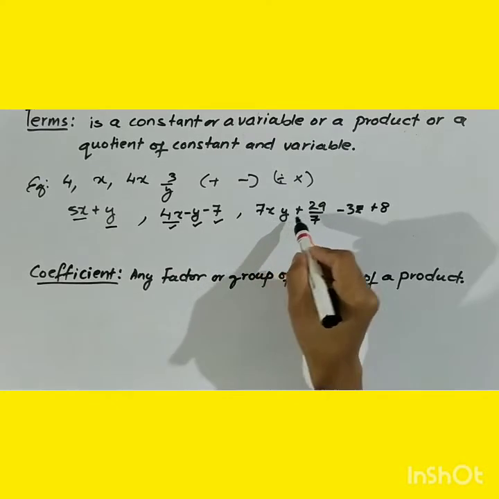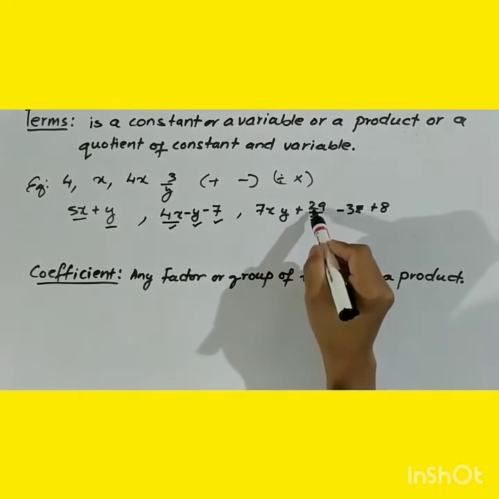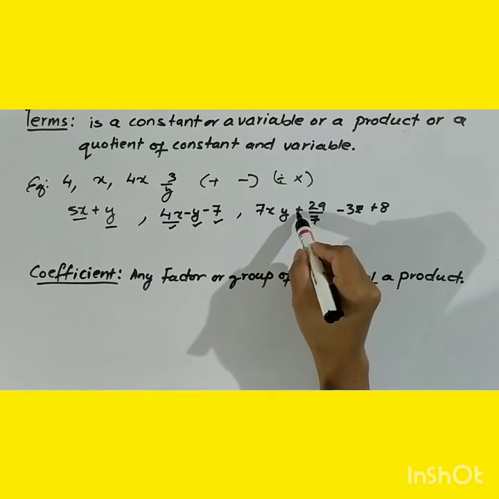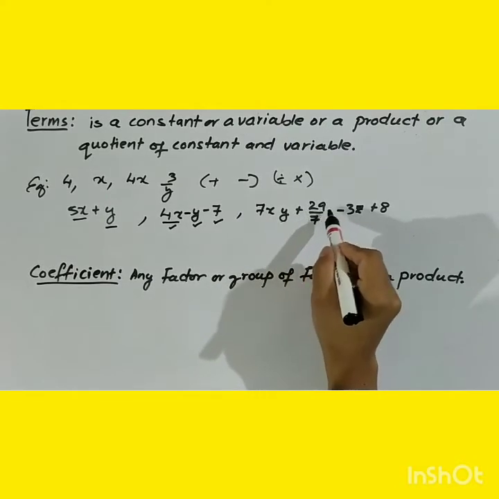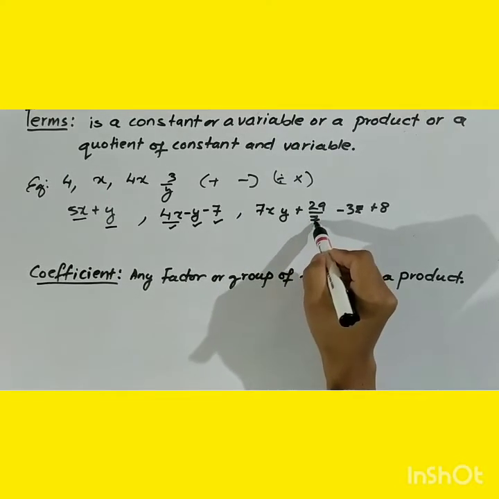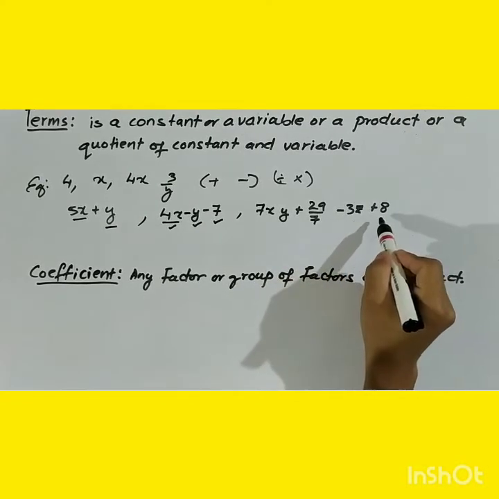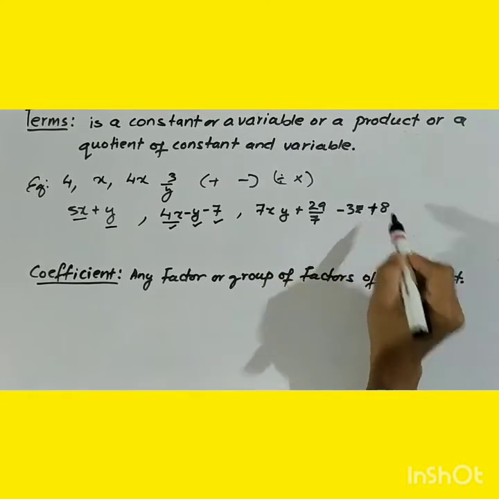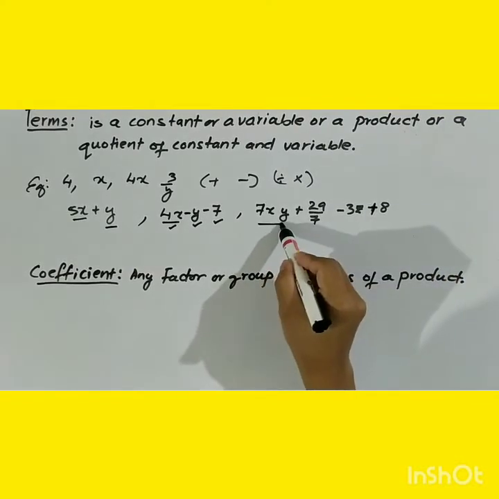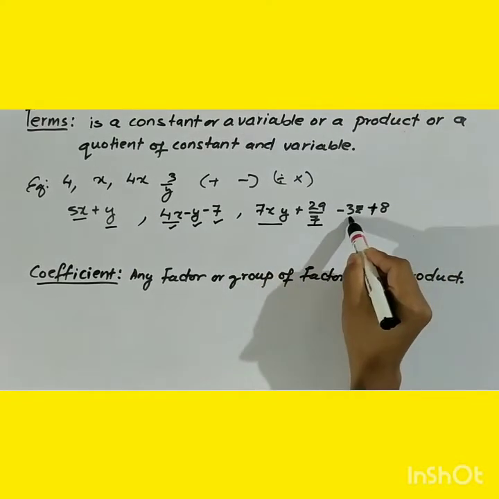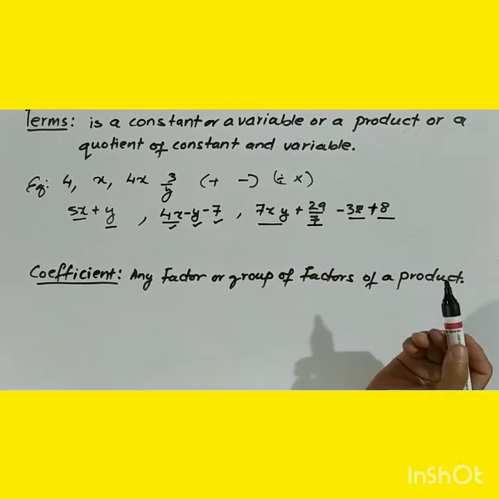So there is one term, plus separates, right? This plus sign separates these two terms. Okay, and 2a upon 7, right, minus 3z, right, plus 8. So how many terms are there? 1 term, 2 terms, 3 terms, 4 terms, right?